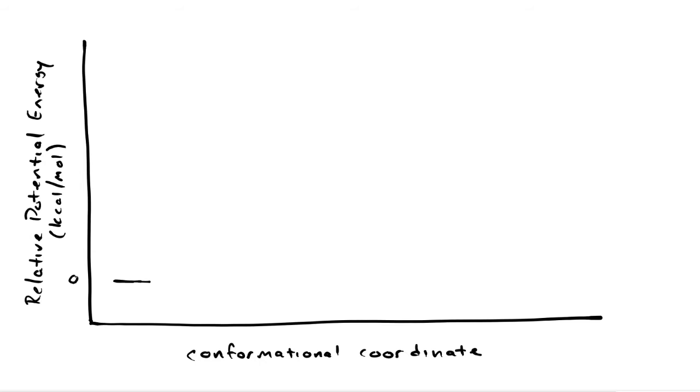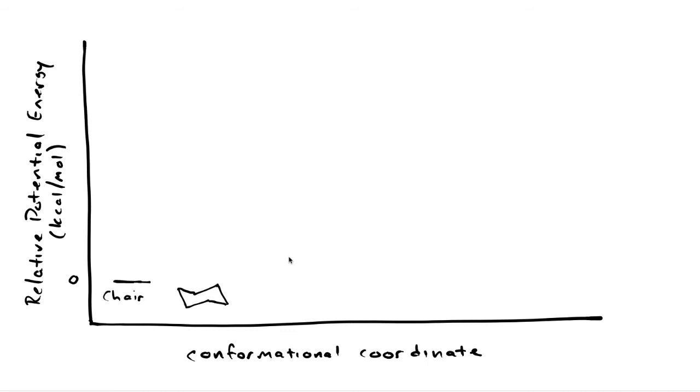That will be the 0 point, and that's going to be our chair. So we can draw our left chair structure from above. There it is, and I'll label that here as a chair. Okay, there it is.